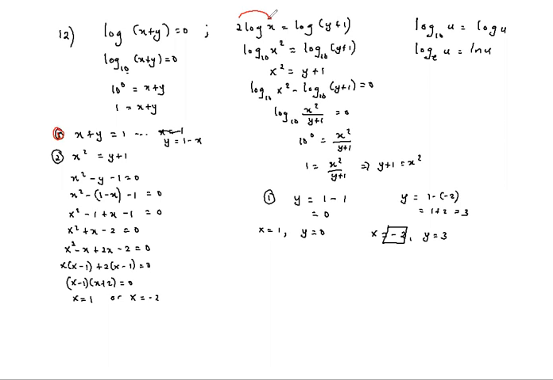So we have log 10 x squared is equal to log 10 y plus 1. Now because I have the same base, log 10, log 10, the inside things must be the same also. So I say x squared is equal to y plus 1. Alternatively, I could take this side to the left, do the division, then raise 10 to the power 0, and things go like that.